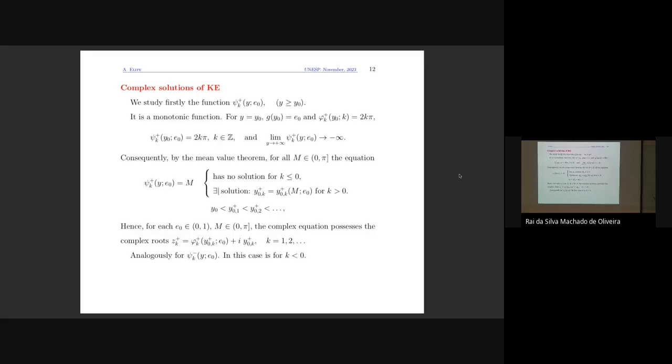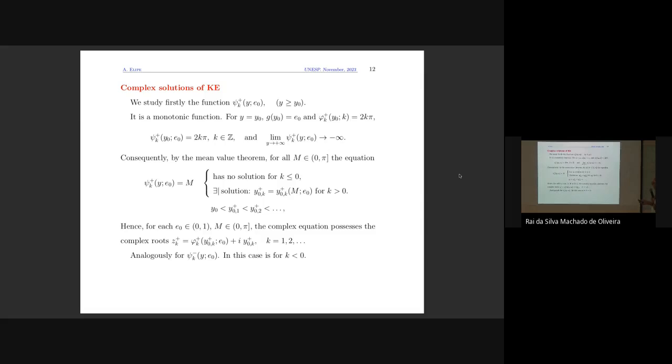Well, there are some details, but we don't pay much attention to that. If you have interest, you can read that in the paper. And the result is that for certain cases there is no solution for k negative, and there is only one solution for k greater than 1, and we have all this sequence for different values of k, 1, 2, 3.